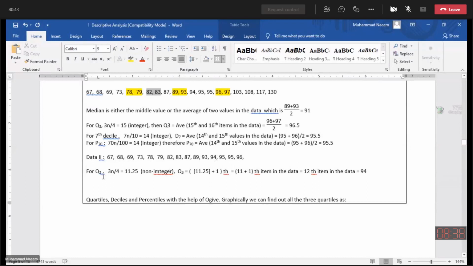Then what about Q3? That is 3n by 4. Again, we find the ratio first of all, and we check whether this ratio is integer or non-integer.